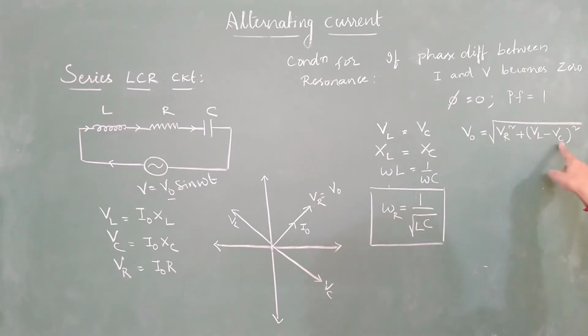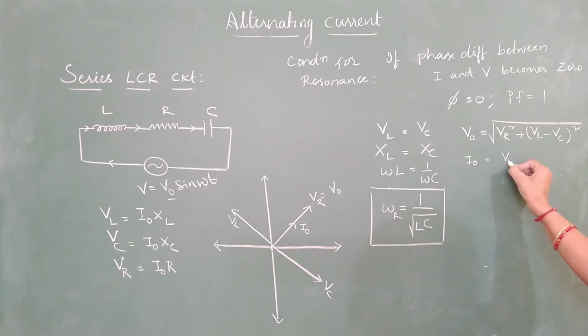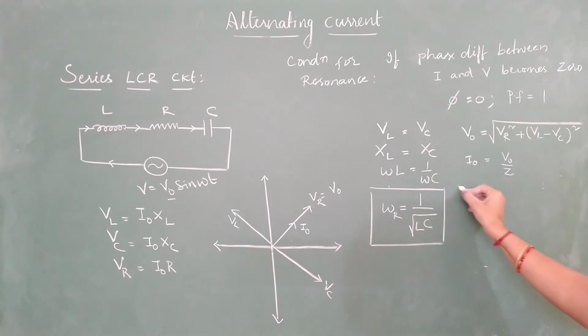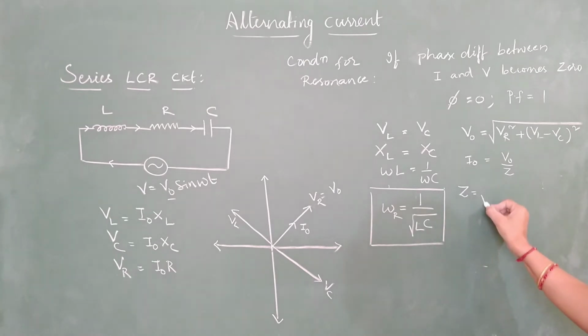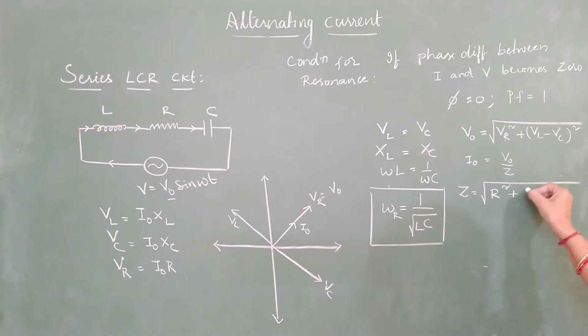At resonance, VL and VC become equal, so this term will become 0. Then I naught is V naught divided by Z. Hope you remember Z is called the impedance, which is under root R square plus XL minus XC whole square.